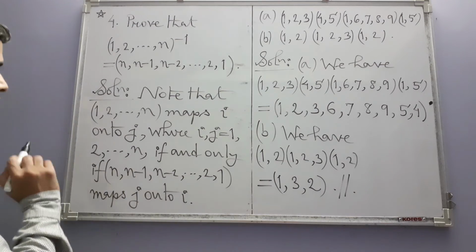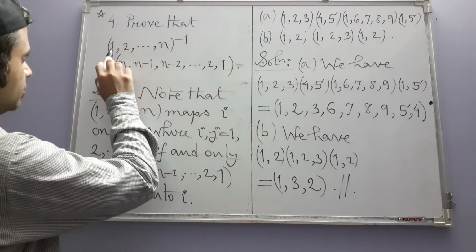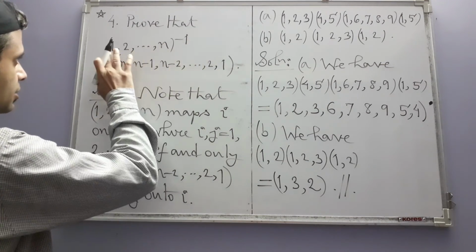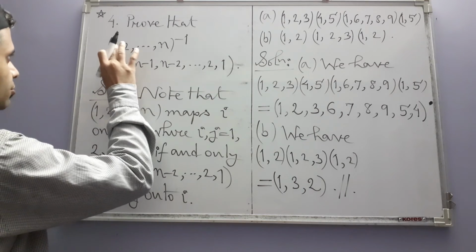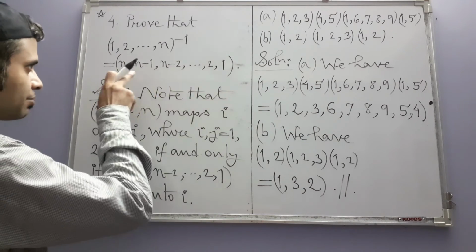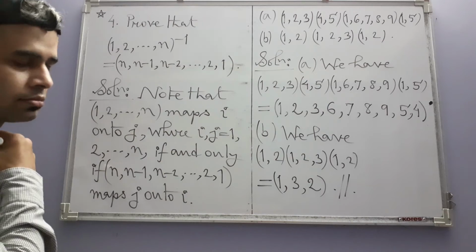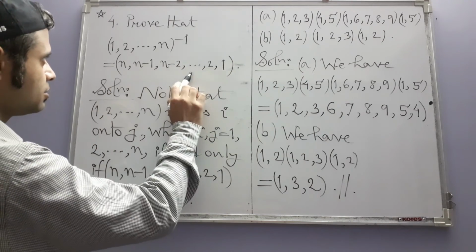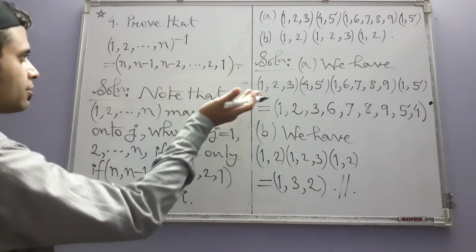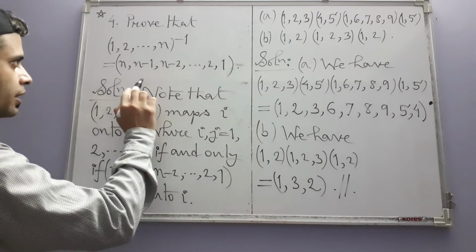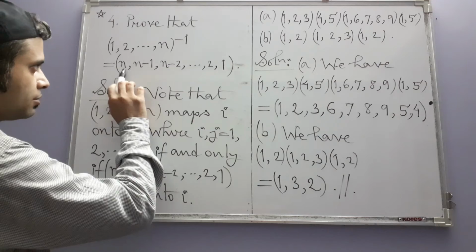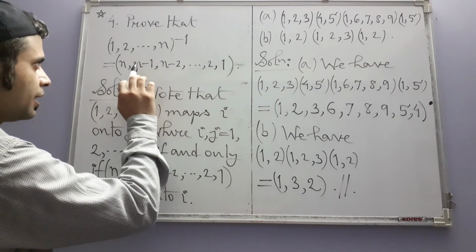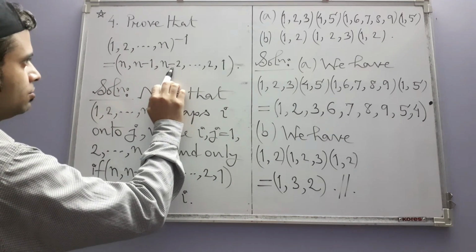For example, what we are saying here is that this cycle, not the inverse, the cycle itself maps 1 to 2, this one maps 2 to 1. Conversely, whatever this one does, the other does the exact opposite. For example, here this second one, this n cycle maps n minus 1 to n minus 2.